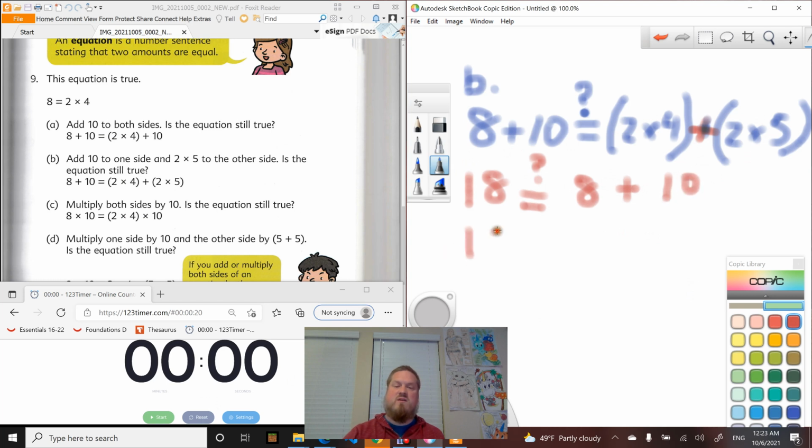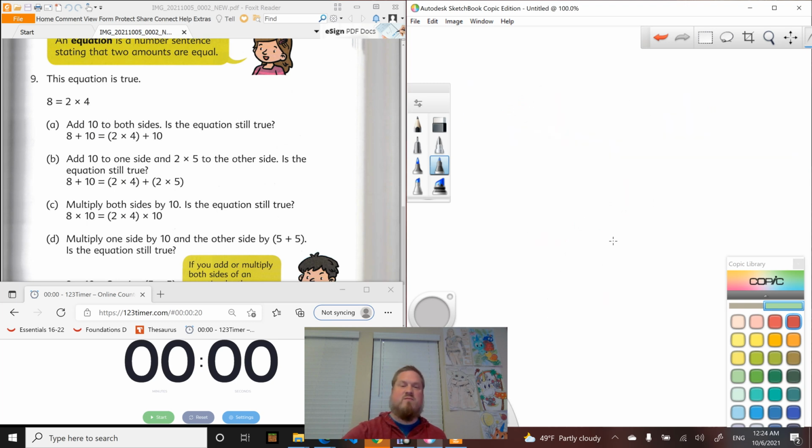All right, 18 equals, what's 8 plus 10? 18. So when you start with the same number and you add a 10 on this side and you add an expression, 2 times 5, 2 times 5 is really equal to 10. So really, we added 10 to both sides, just like in A. So the equation is still equal. Yes, it is equal.